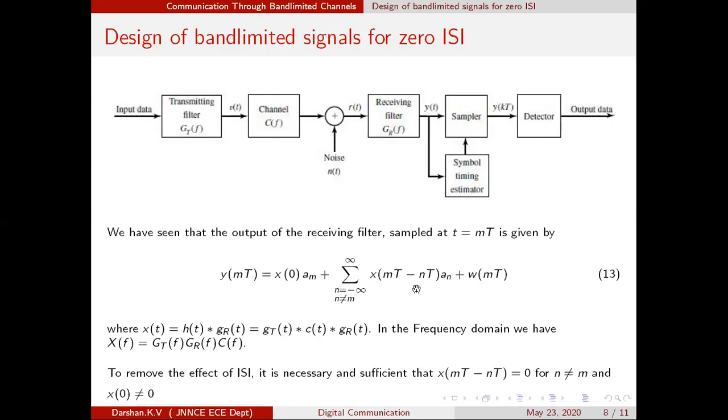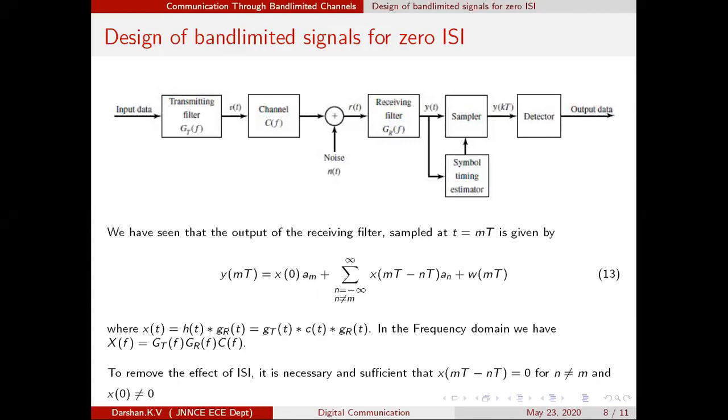I repeat again, except the 0th sample, all other samples of x of t should be made 0. If you do that, this second term would be 0 and you are left with this particular term. Then the next question is, what should be the value of x of 0? Preferably, we will make this x of 0 as 1.